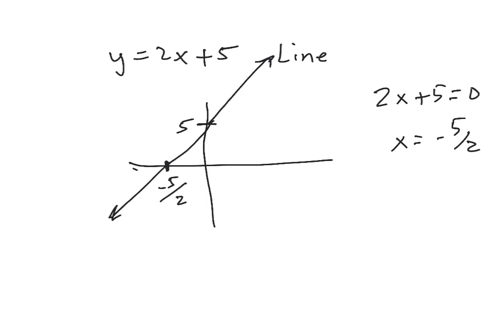What I want you to notice is that if you pick an x value bigger than minus 5/2, here's one, notice the y-coordinate is positive. And if you pick a value less than minus 5/2, here's one, down here the y-coordinate is negative.